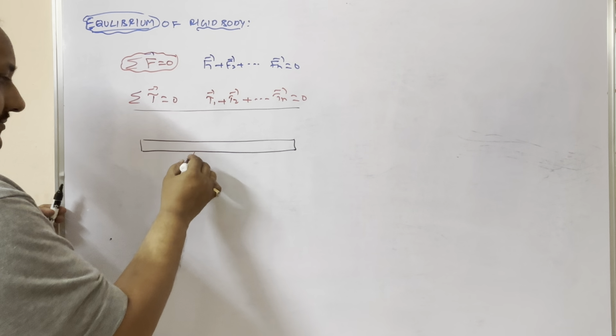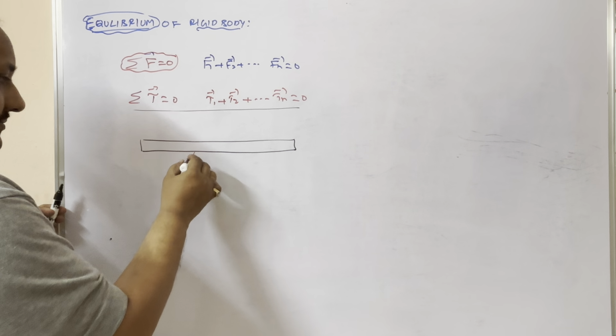How we are going to apply means this fulcrum is going to apply a reaction force or normal force in the upward direction. Like any object of mass m, its weight is going to act downwards, normal reaction is going to act upwards. Correct? Same like that. Therefore, upward force R is equal to F1 plus F2.